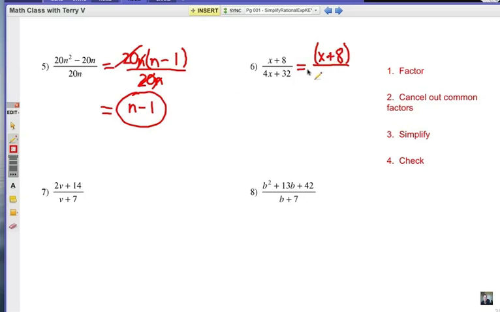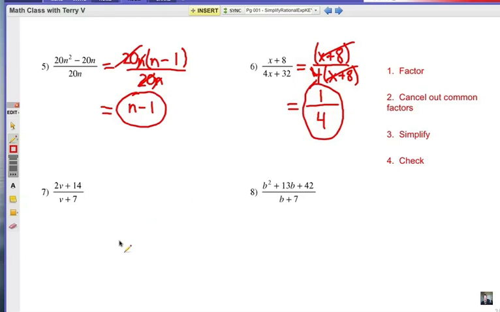All right, so I'm going to put parentheses around x plus 8, and then I notice that I can factor out a 4 on the bottom denominator of that fraction, and so that'll leave me with x plus 8. And of course, what do you know? That whole binomial, not the 8's separately and the x's separately, no, think of it as one whole part, can be canceled out. Now, if everything is gone on one part of the fraction, it's not 0, it's 1. All right, x plus 8 divided by itself leaves 1. And on the bottom, it's 4, so of course, the answer is 1/4.